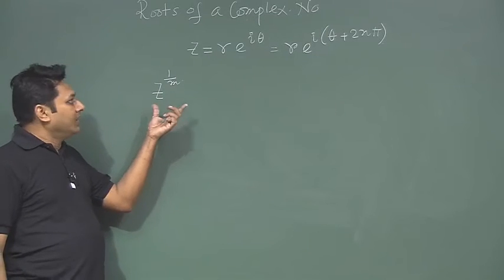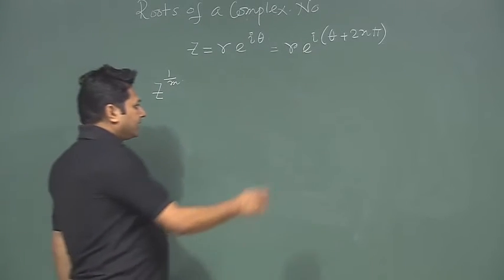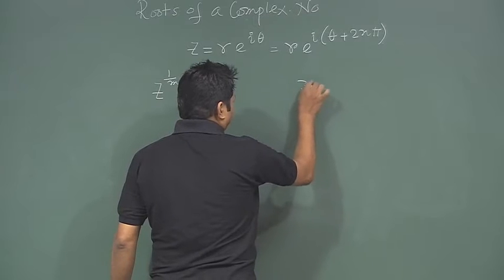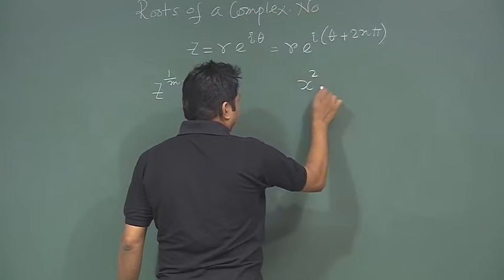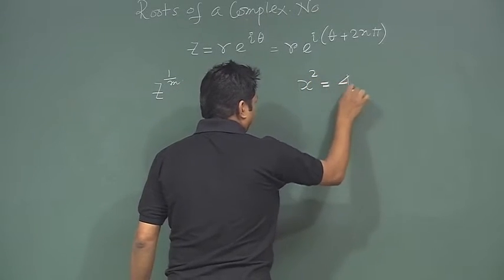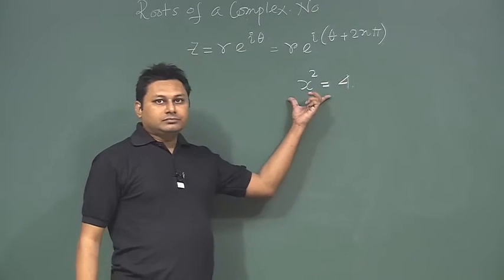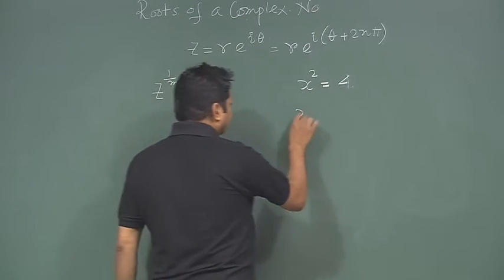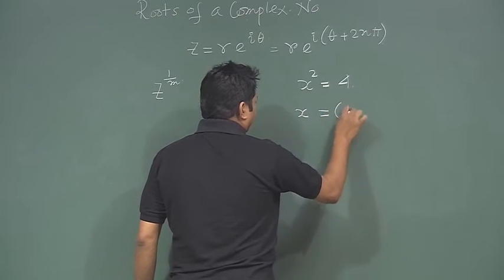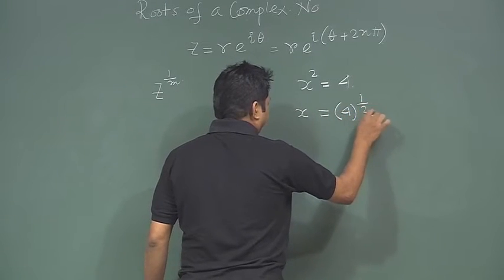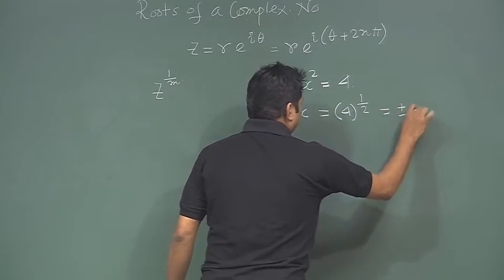Before that let us go back to how to find, say, x square is equal to 4. So, what is the value of x? 4 to the power half, which is plus minus 2.